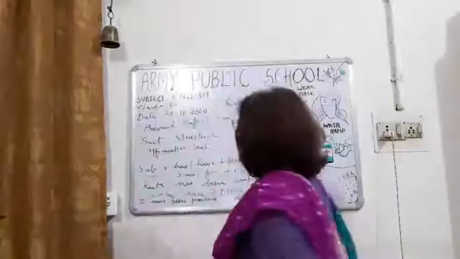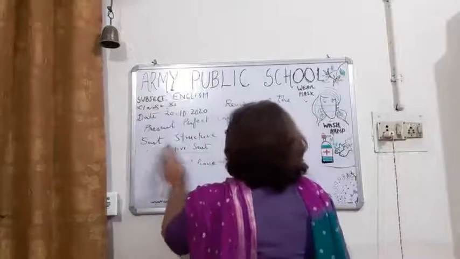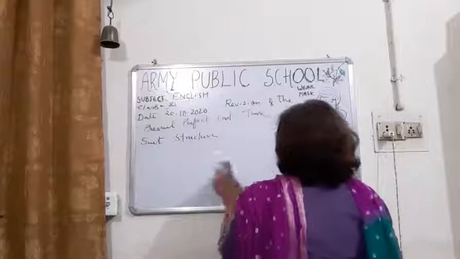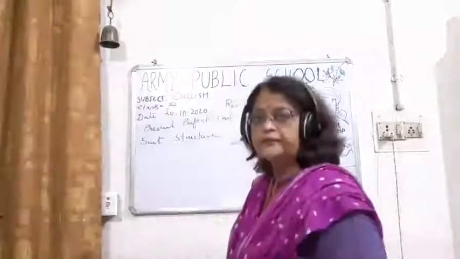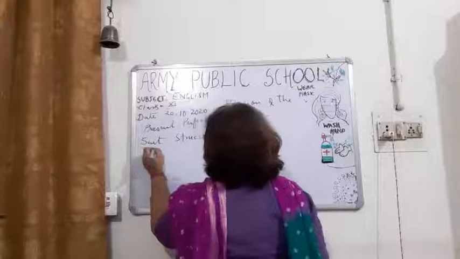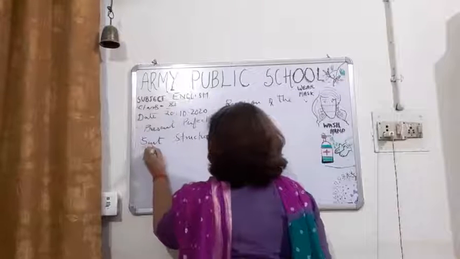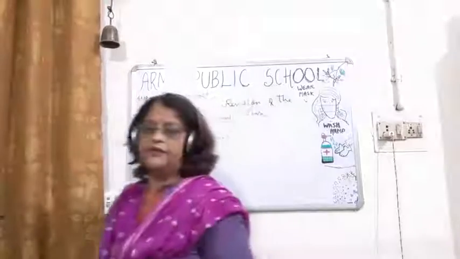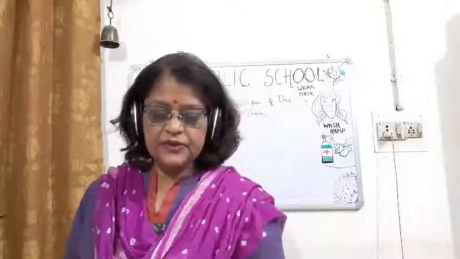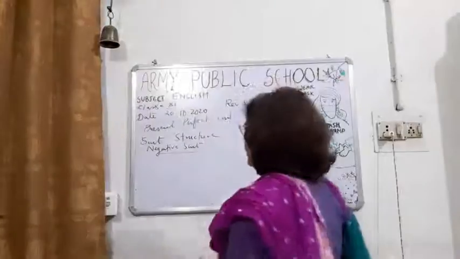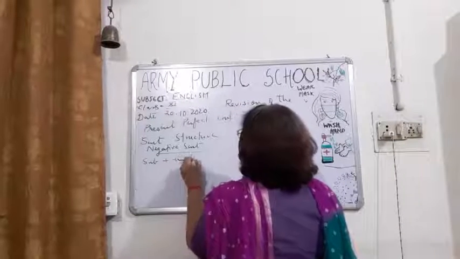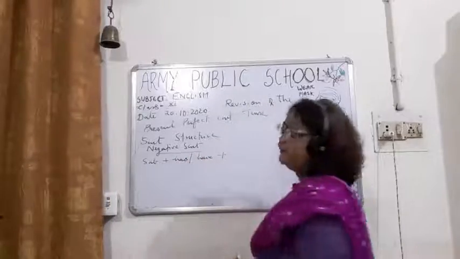Now we will do the negative sentence. The negative sentence is subject plus have or has, then not plus been.